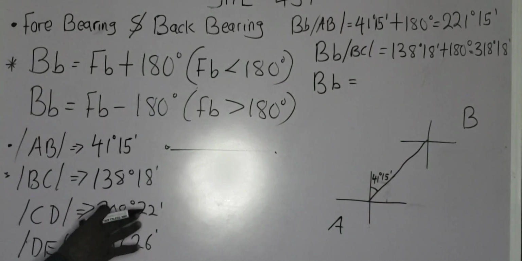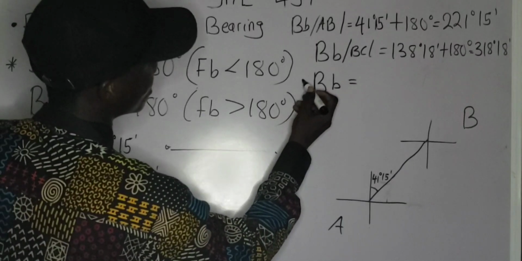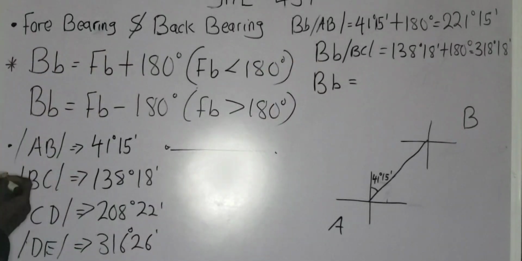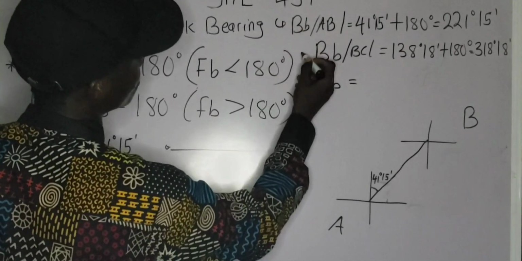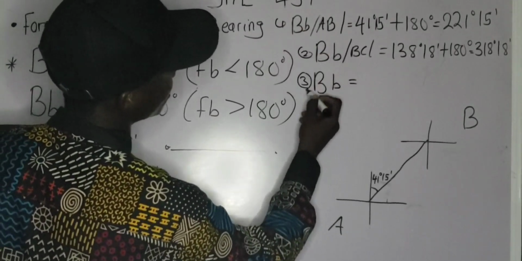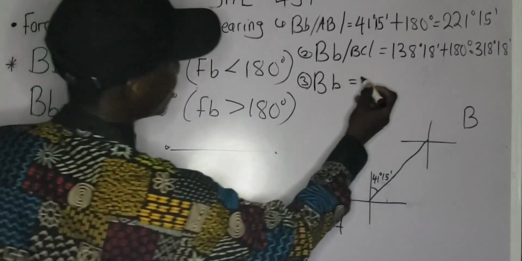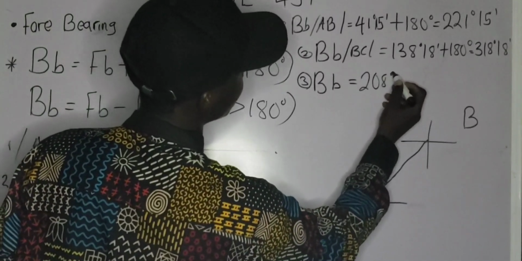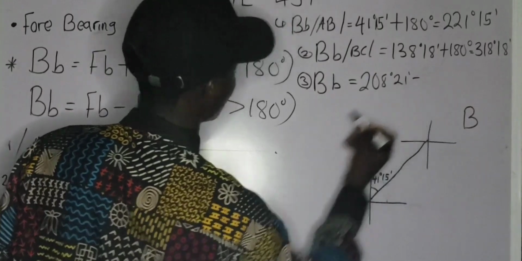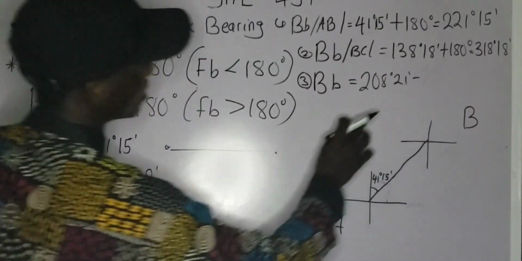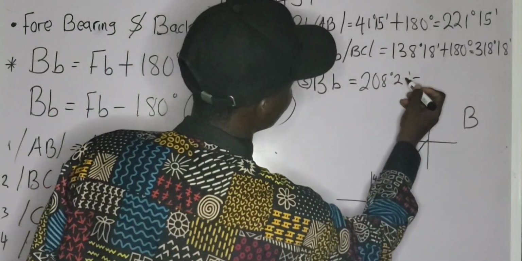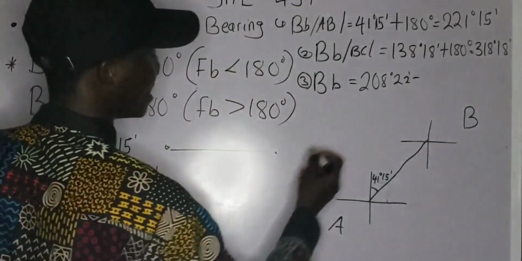Let me name this 1, 2, 3, 4. This is for 1, this is for 2, this is for 3. So the back bearing of the third, which is line CD, is 208 degrees 22 minutes minus 180 degrees.